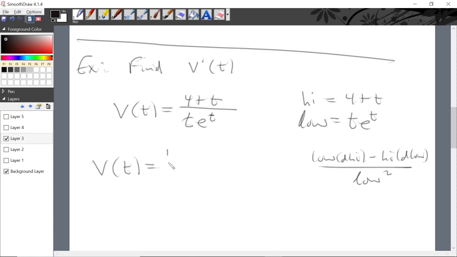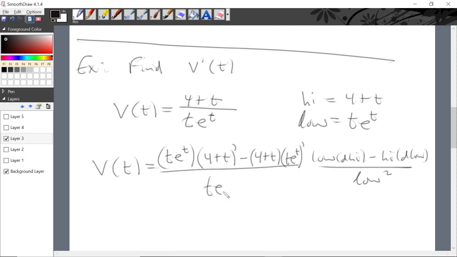Okay, so starting with low, that's t e to the t. D high, okay, so we're going to need 4 plus t prime, right? The derivative of that. Minus high, which is 4 plus t, times the derivative of the denominator. So t e to the t prime, okay? And then the denominator will be squared.